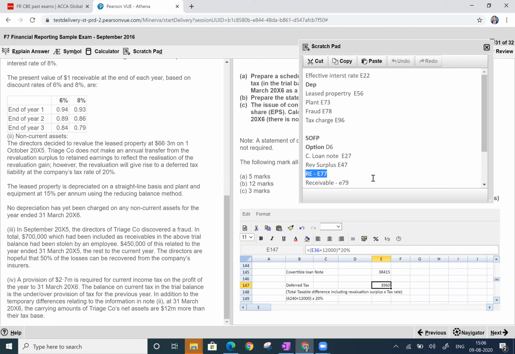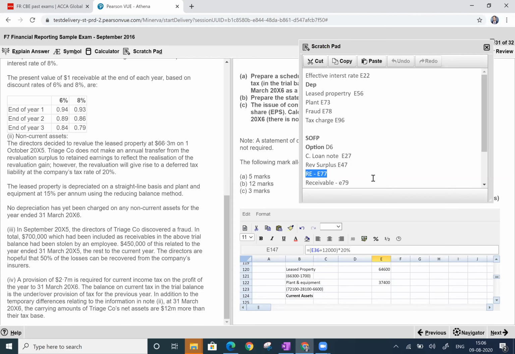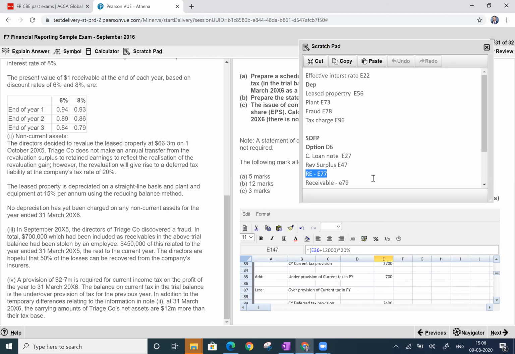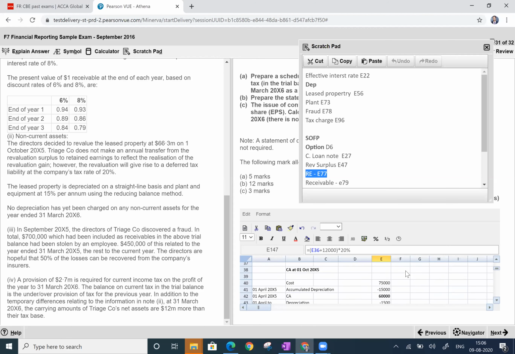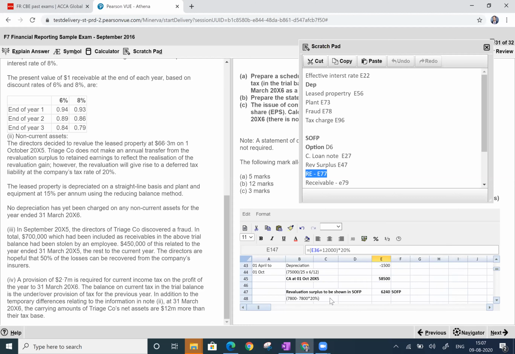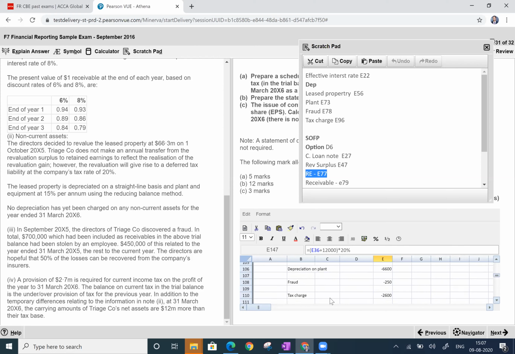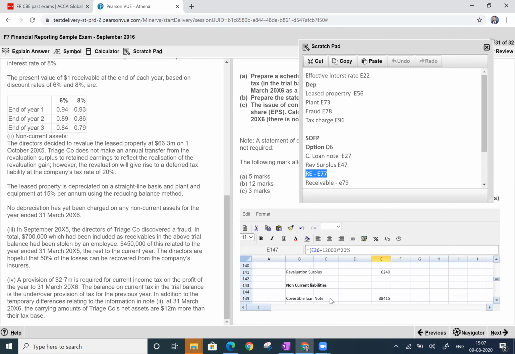One, now remember, what is the deferred tax related to revaluation surplus? Take your calculators. Deferred tax related to revaluation surplus: 7,800 into 20%, 1,560, plus in your tax charge, we have given a revaluation surplus.